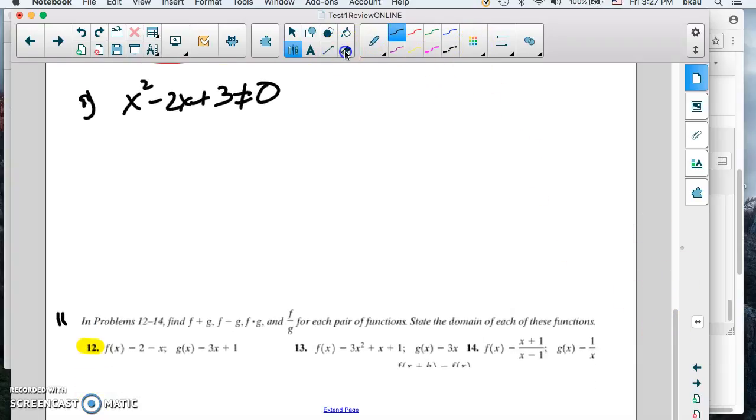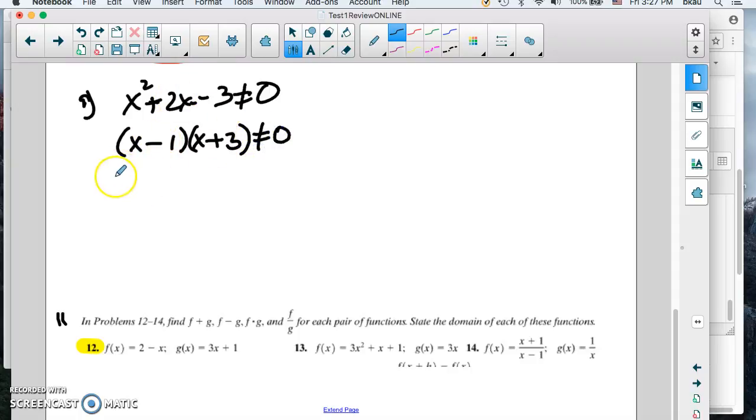So what we would do here, I would factor, because there's only one way to factor this with 1 and 3 to get the value of 2, and it would be positive 3 minus 1 that would give you a 2.